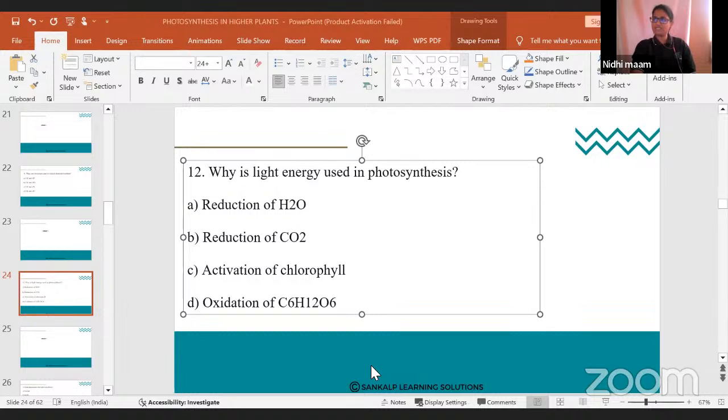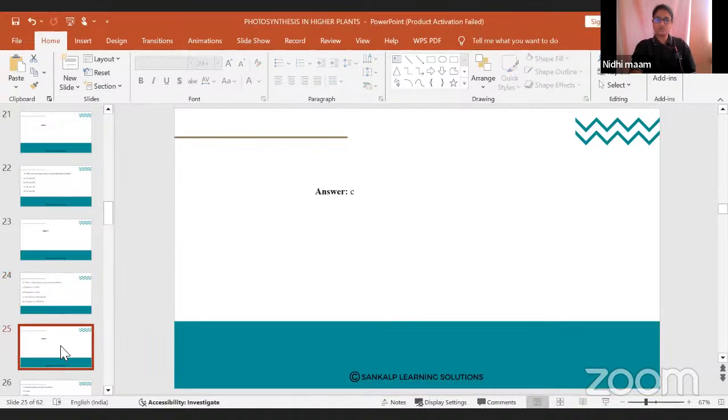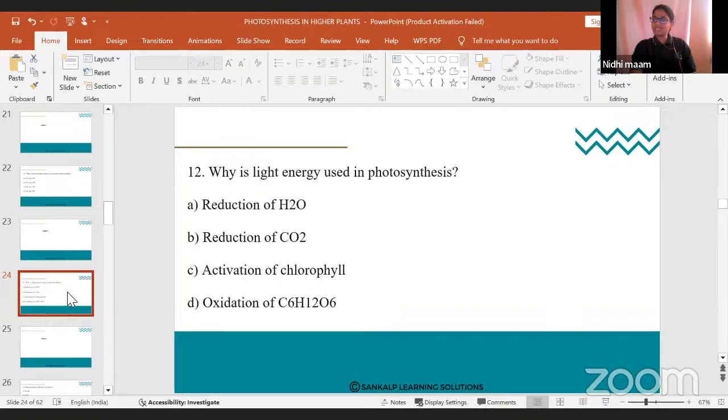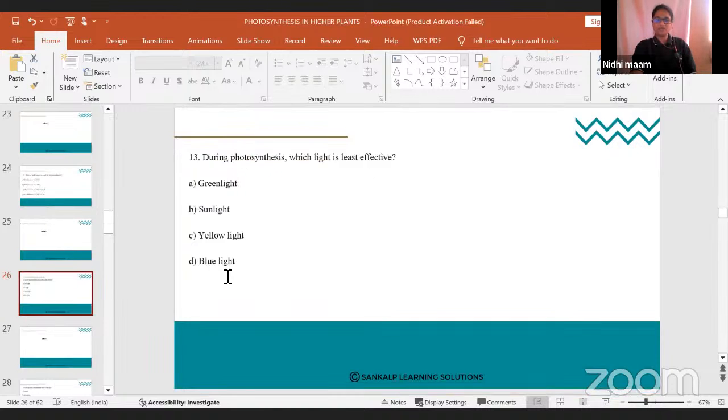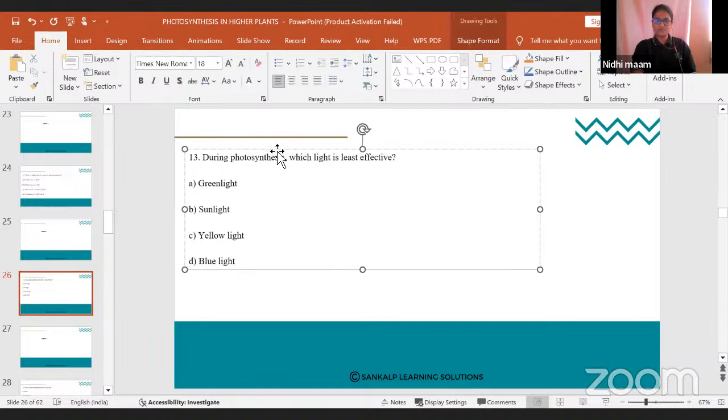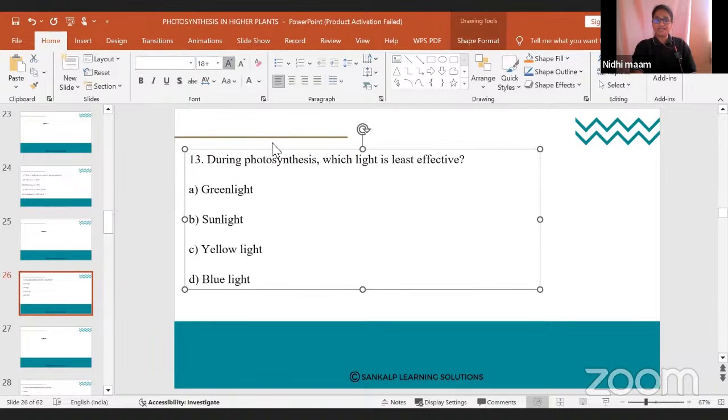Bhima Bai, Shadap Tolagi, Chaitanya, Biru. Most of you answered option C, that is Bhavana. Some of you answered option B. So the right answer is that light energy in photosynthesis is used to activate the chlorophyll, where the light energy is converted into chemical energy.